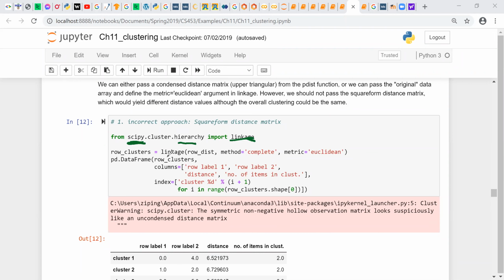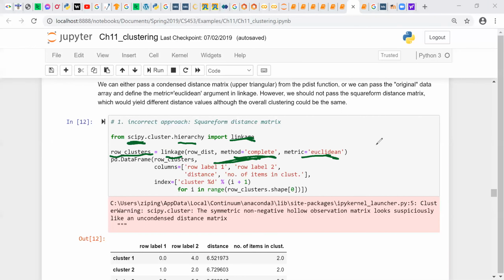For this linkage, you can specify what kind of distance. Of course, we use Euclidean distance, but you need to specify whether you want single linkage, complete, or average.